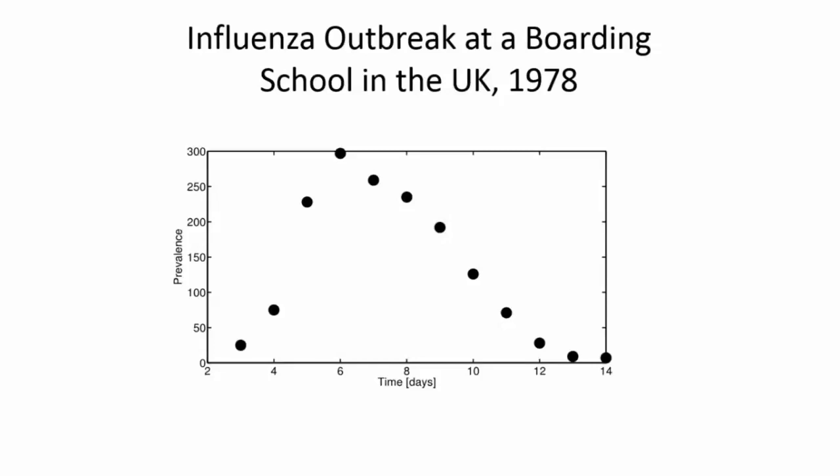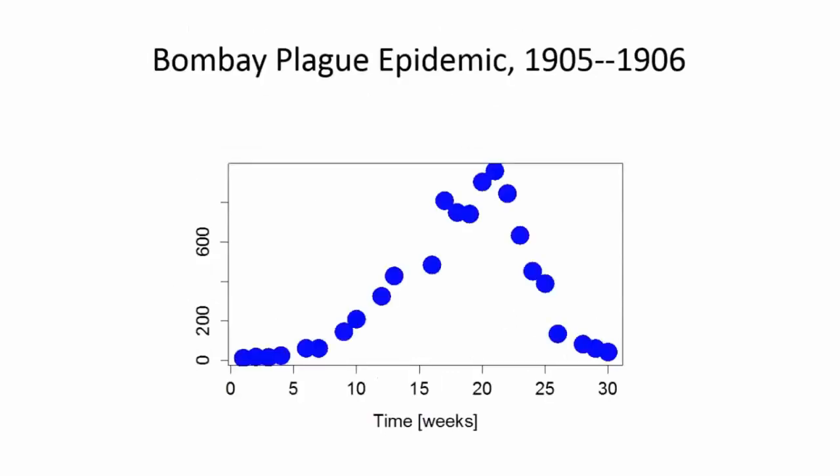These are individuals in a boarding school in the United Kingdom, and this was an outbreak of the flu. So this is one example. This data set is called prevalence data. It has to do with the number of infected.